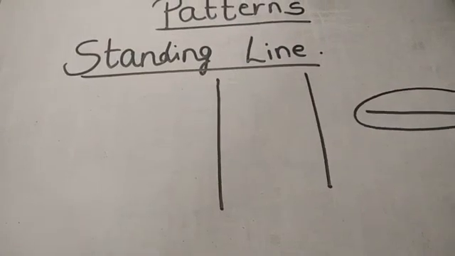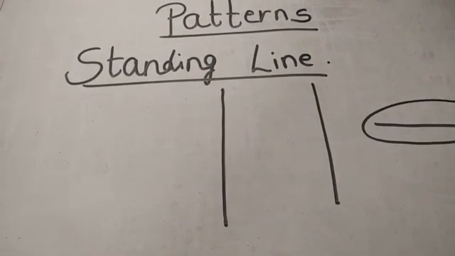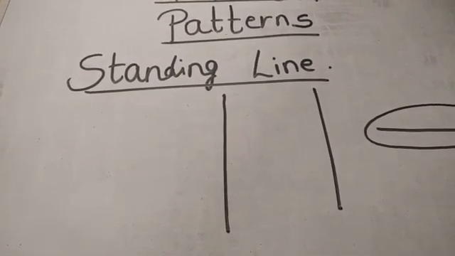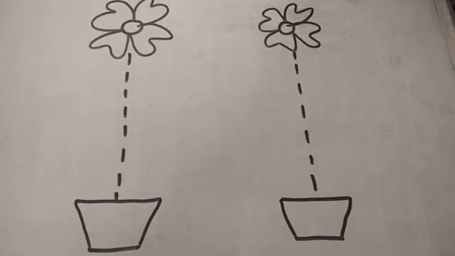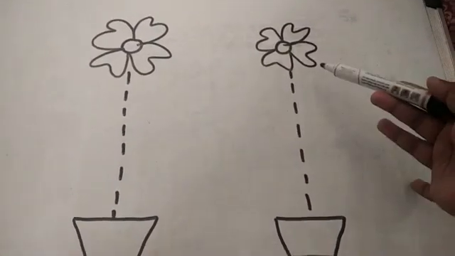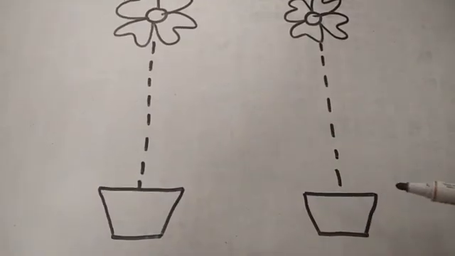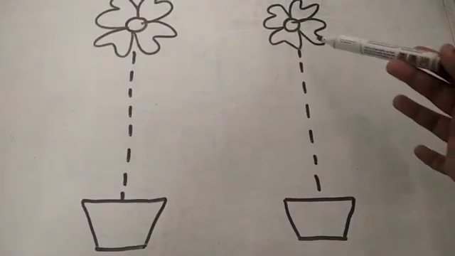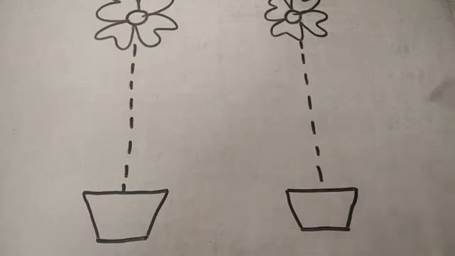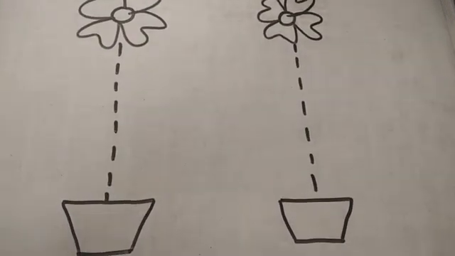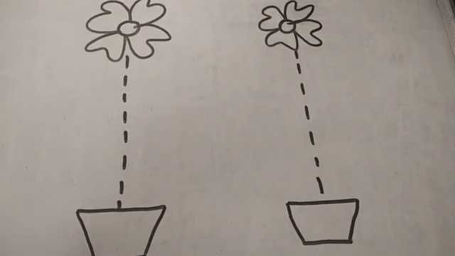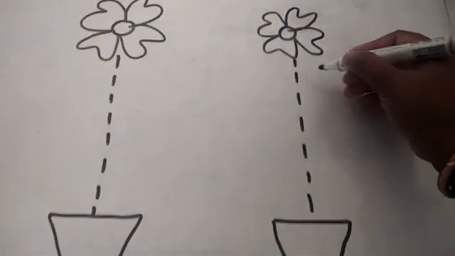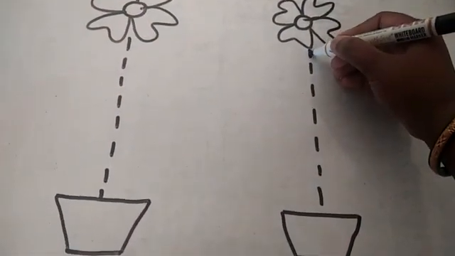Okay? I'll show you an example of a standing line. Okay? So children, you can see what I have drawn. A flower and a pot. I want you all to connect this flower with the pot. How will you do it? Can anyone tell me? Yes, you can do it by drawing a standing line.